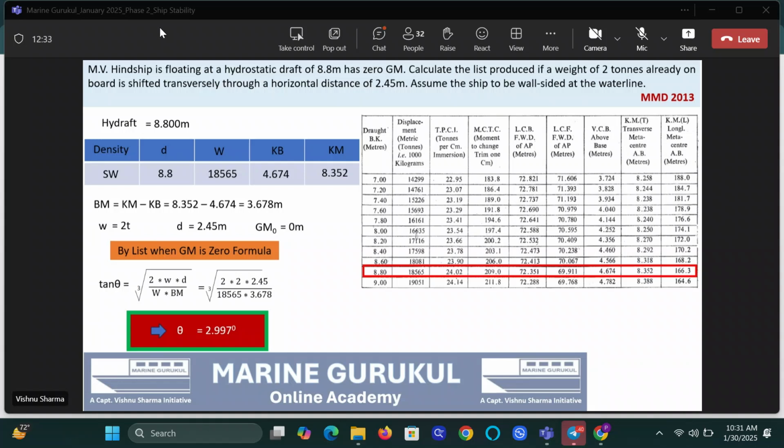So one slight tweaking can make the difference. Maybe instead of the question saying GM is 0, you may be required to calculate it. And as I said, I'll also be more comfortable using this formula if GM is exceptionally low. The moment I say this, people ask, what do you mean by exceptionally low?